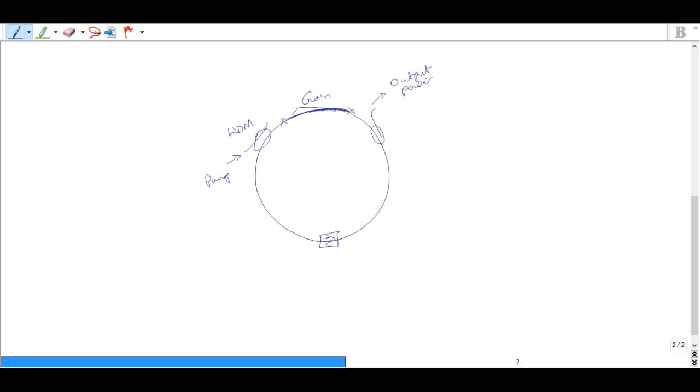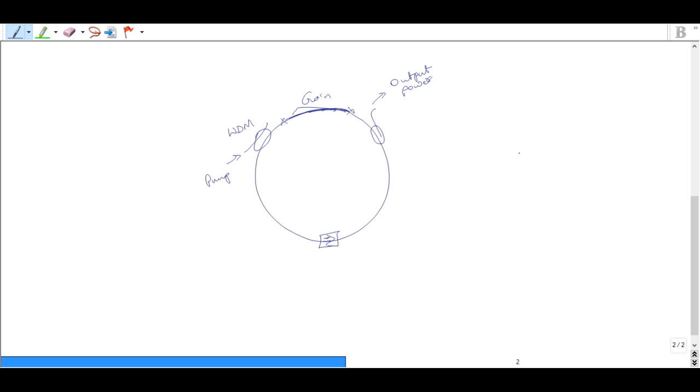Right now, this is actually a free running laser, meaning that this laser can oscillate at any wavelength, any longitudinal mode which satisfies the condition that we have a gain for that longitudinal mode which is at least equal to the loss in the cavity, right? So that's the condition for oscillation of this longitudinal mode.